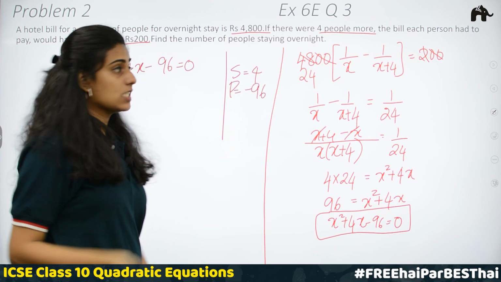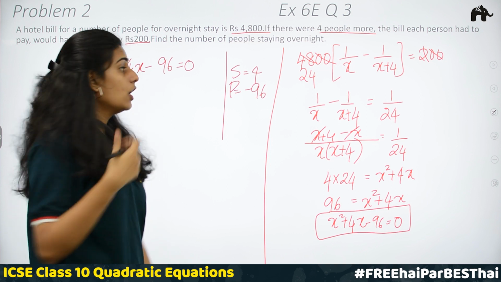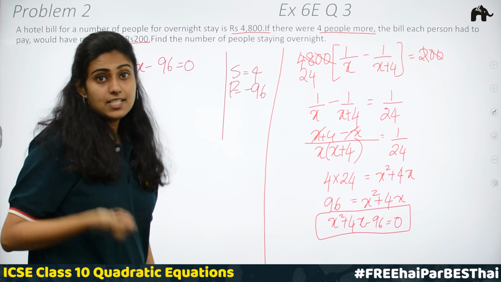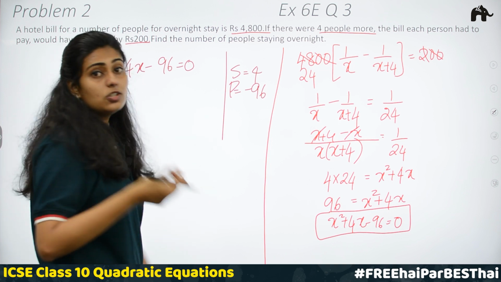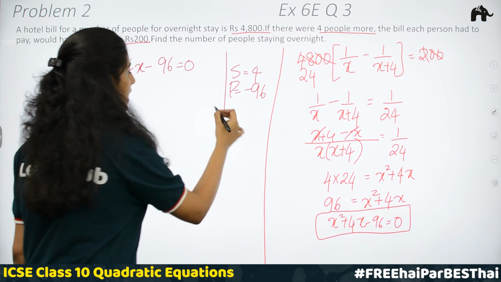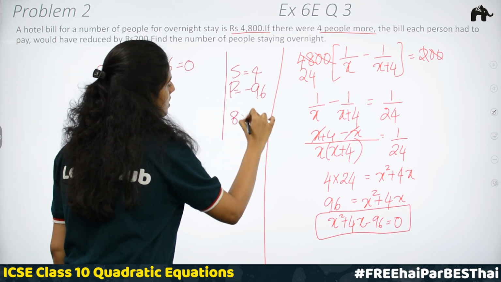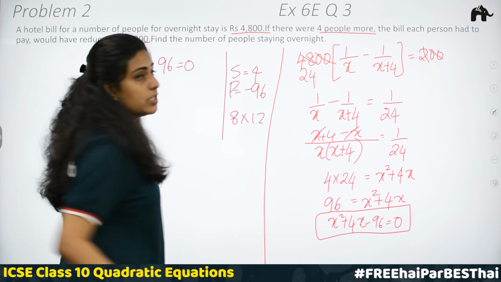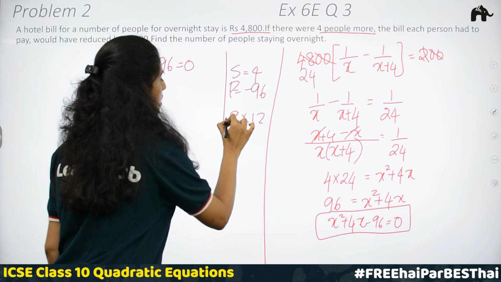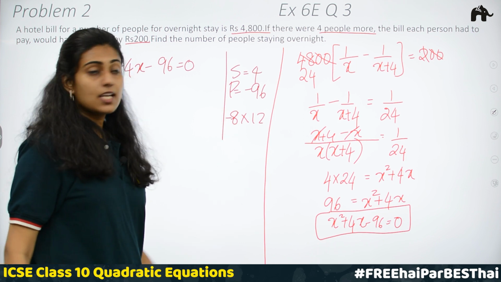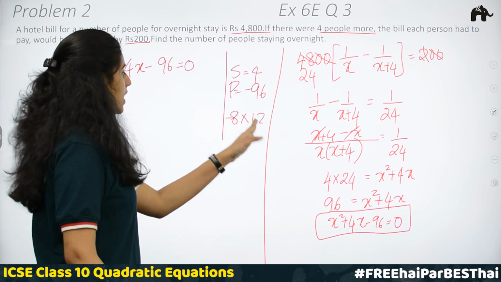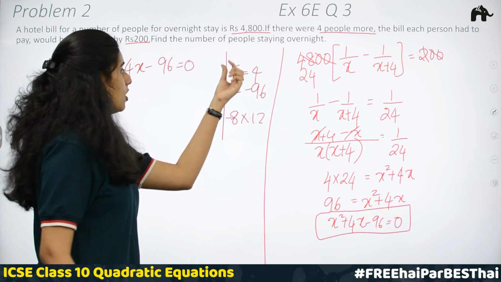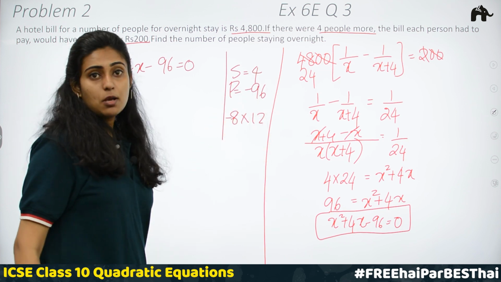To get 96, 1 into 96 is 96, 2 into 48 is 96, 3 into 32 is 96, then 8 into 12 is 96. One number should be negative. Minus 8 into 12 is minus 96. 12 minus 8 is 4. We got sum 4 and product minus 96.